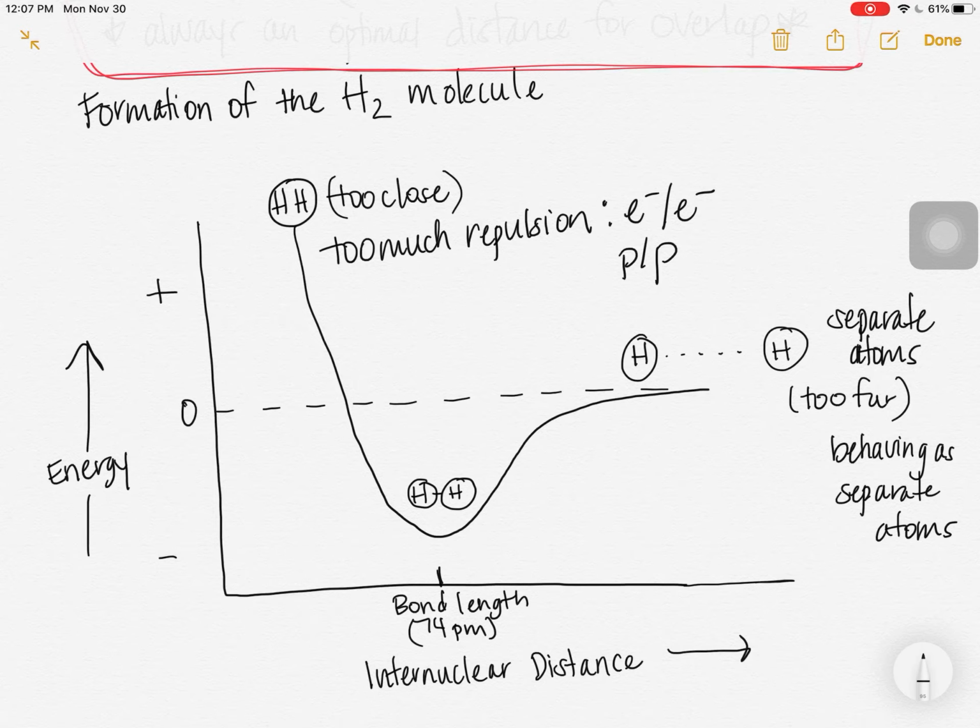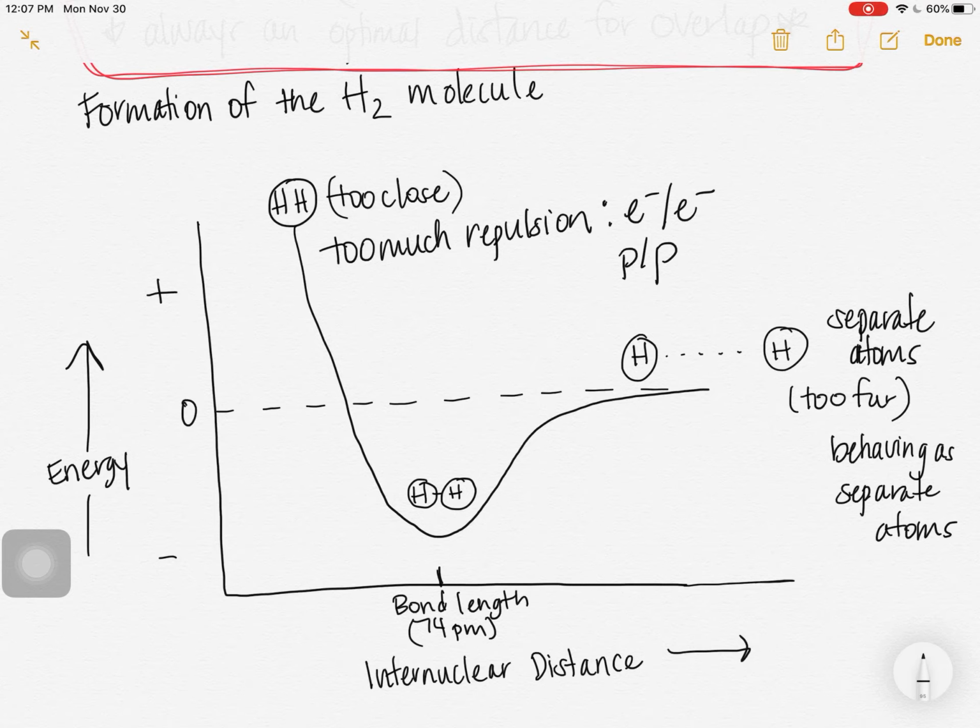So then we get the sweet spot, which is the perfect distance between the two hydrogen atoms. That distance is something that can be measured, and it's referred to as a bond length. In this case, it's 74 picometers, but nobody needs to know that. But that is the bond length of the H2 molecule.